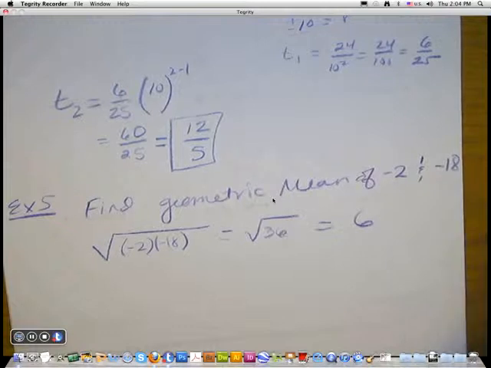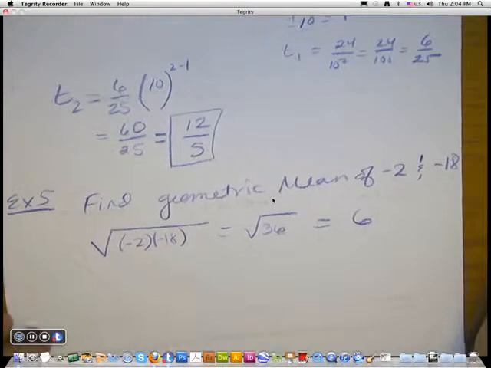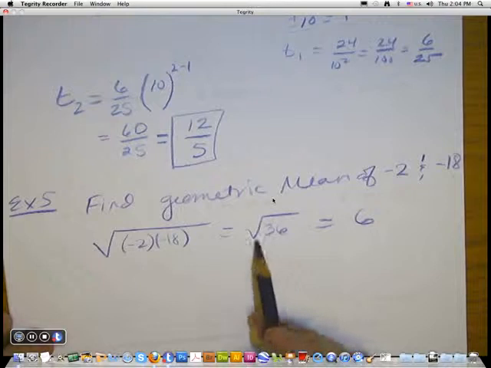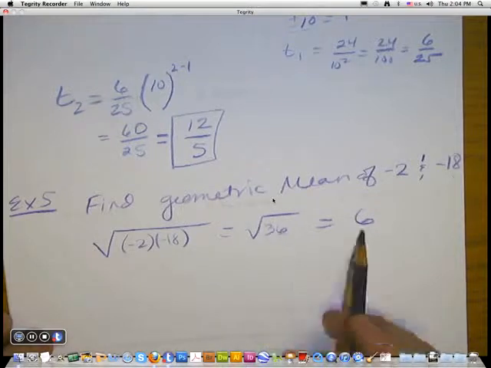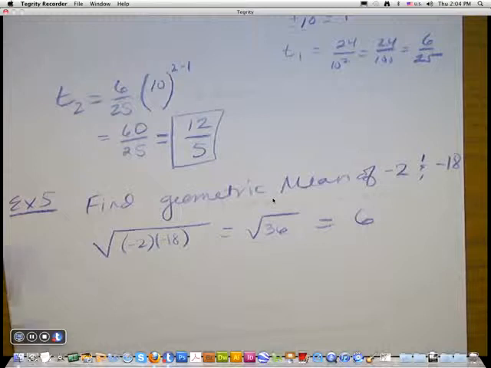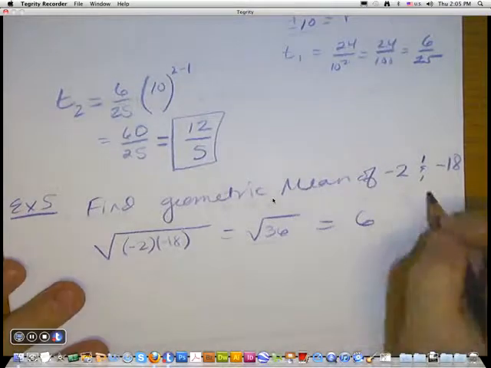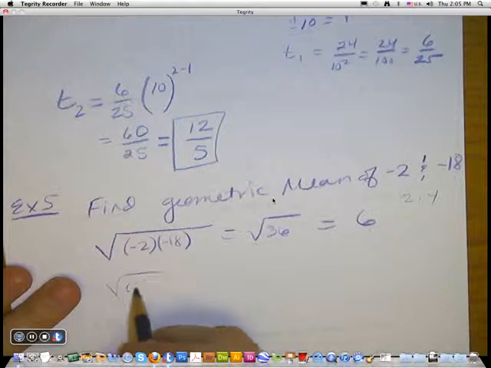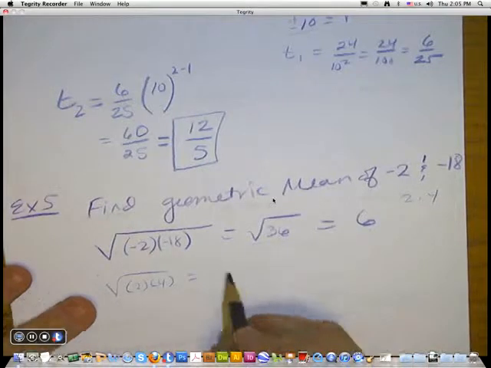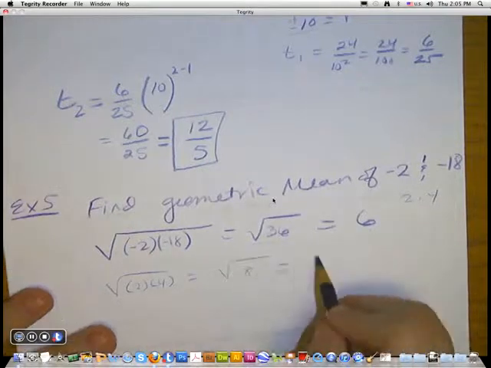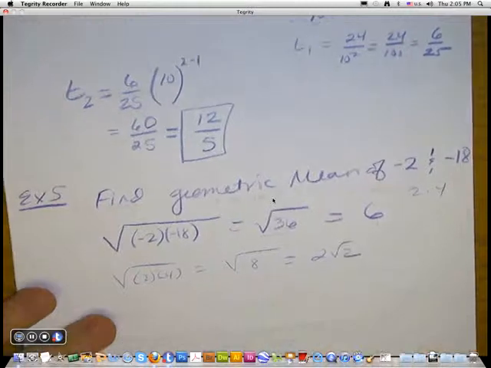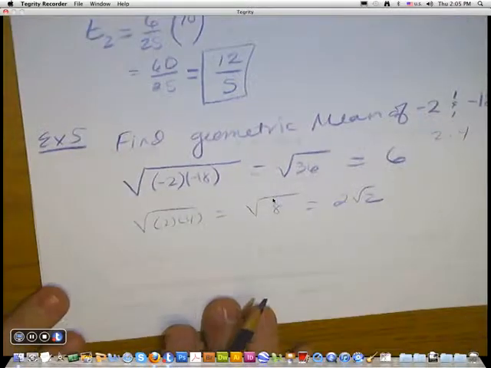Geometric, multiply the numbers and square root them. That's your geometric mean. Make sure if it's a non-perfect square that you are simplifying the radical. For example, if it was 2 and 4, you would get √8. So make sure that you simplify that. You always want to have simplified radicals.